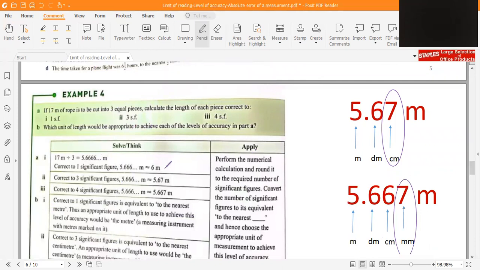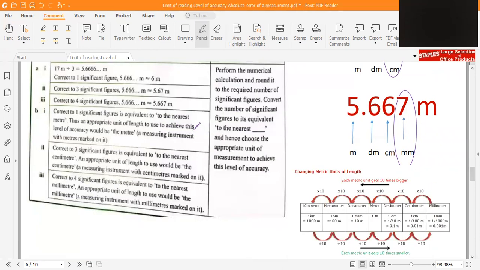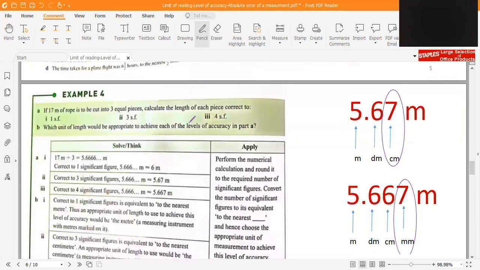In example 4, we will use the correction to a number of significant figures.